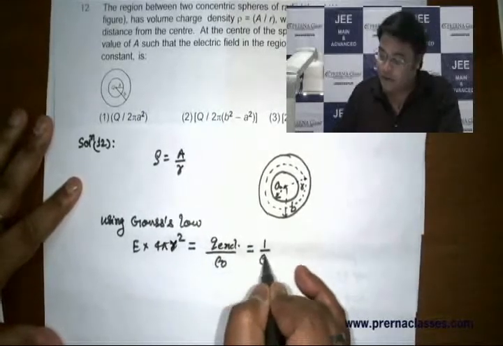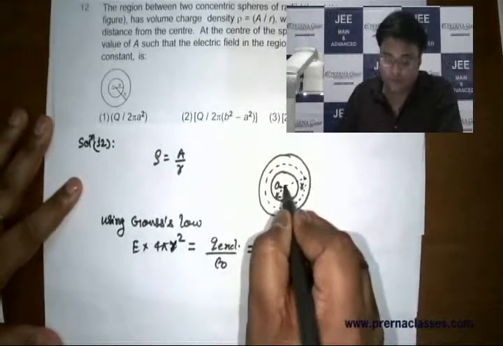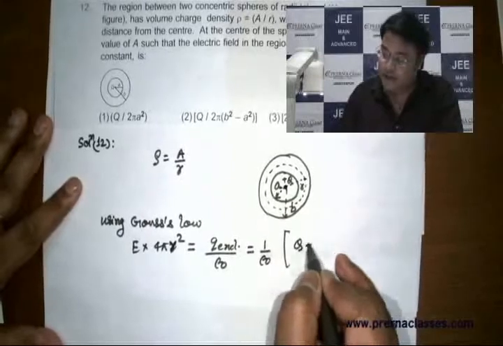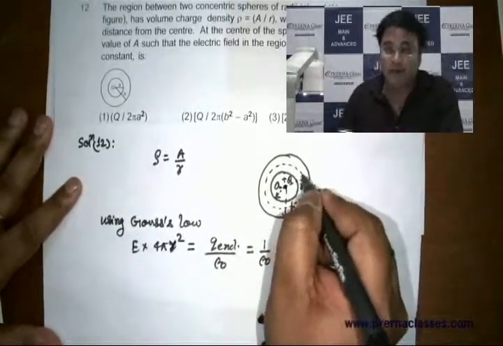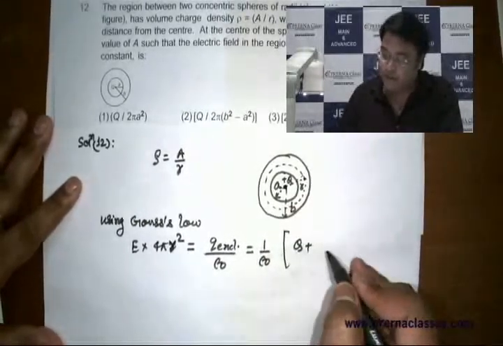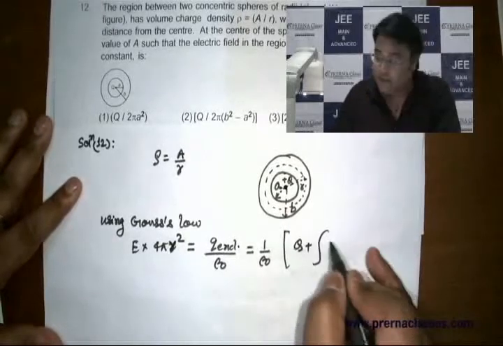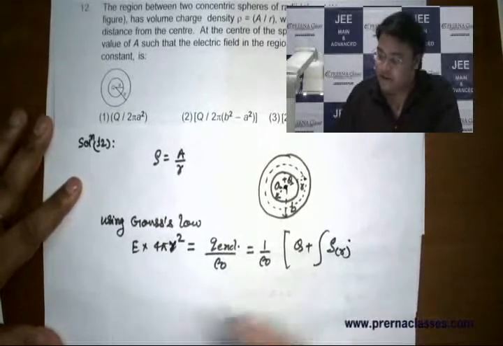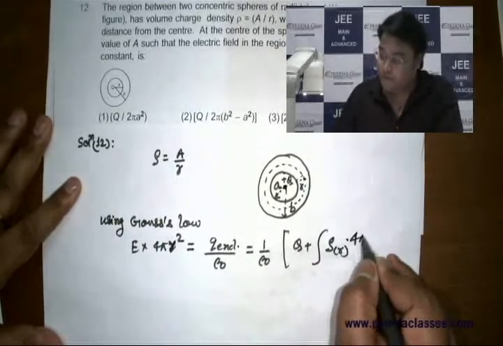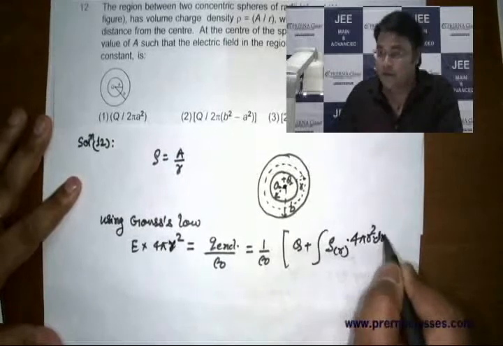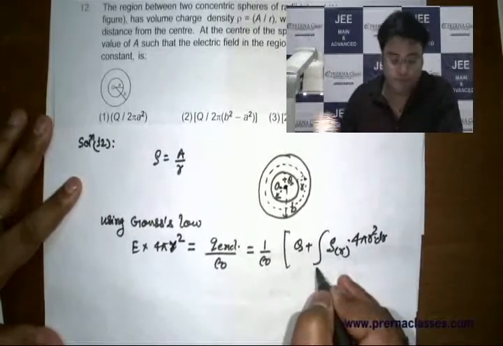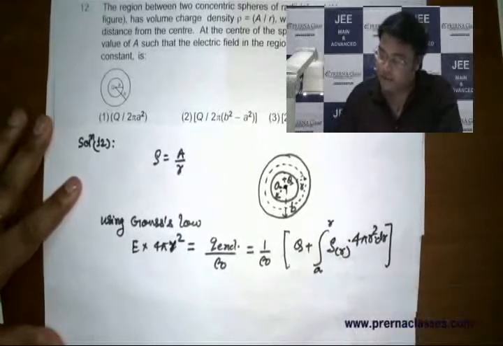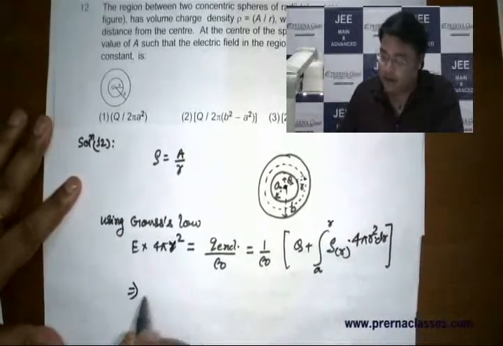The value of Q enclosed is the point charge at its center, so charge inside Q, as well as the charge of this spherical part. So it is integral rho as a function of r into 4 pi r square dr from A to r. Okay?